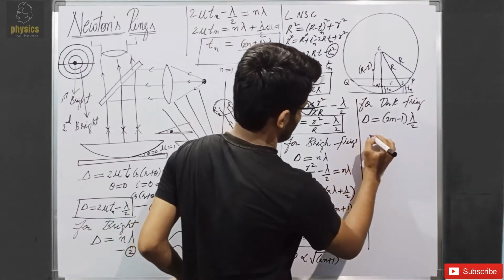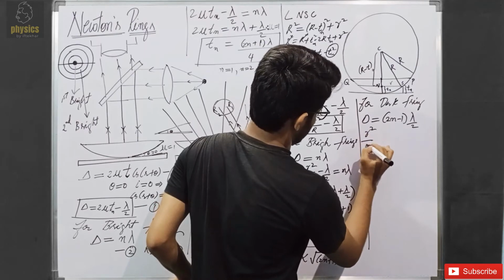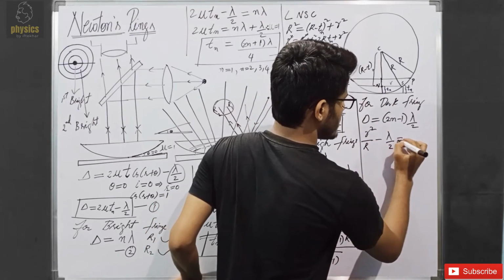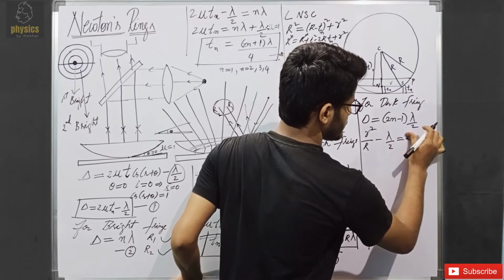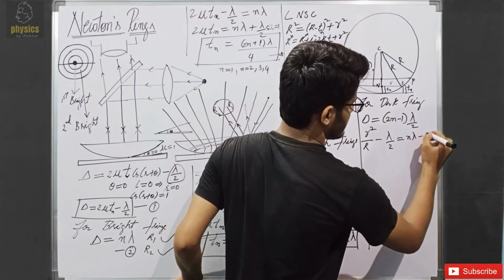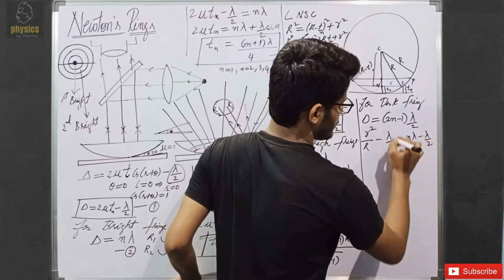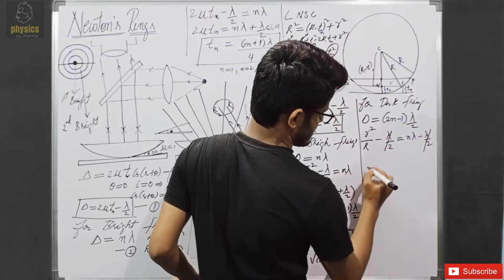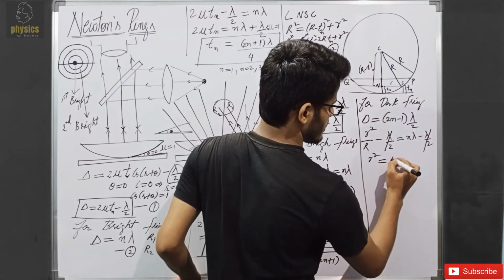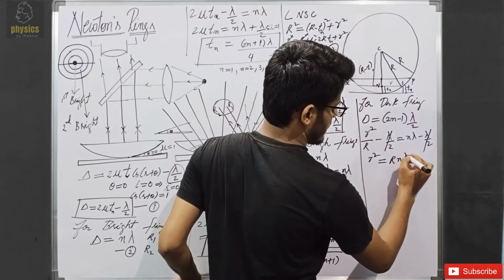So now we will equate this path difference with this one, so that we can get the diameter of the dark fringe. So it will be r square by capital R minus lambda by 2 is equal to n lambda minus lambda by 2. These two terms will get cancelled out. We will be left with small r square is equal to capital R n lambda.